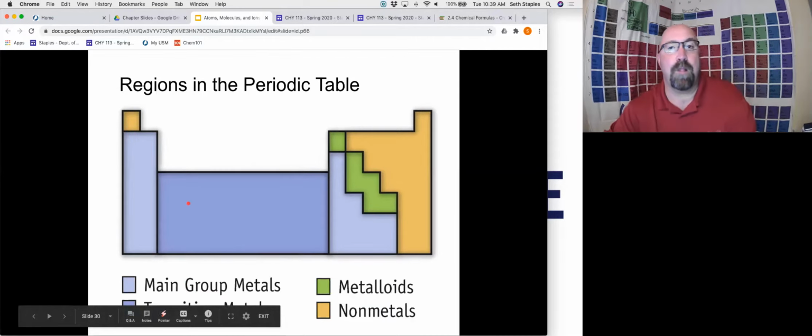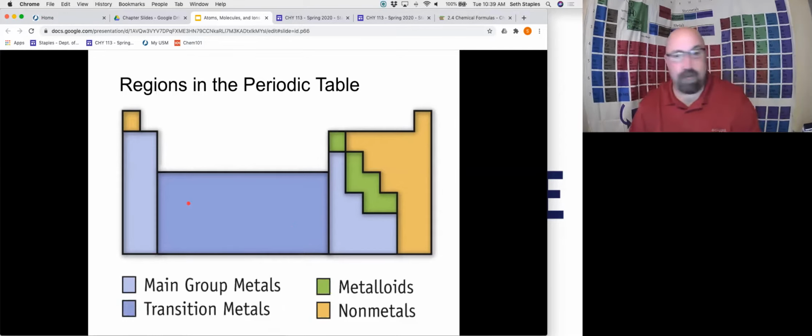Those are all metals. Everything over there is, from a chemical perspective, we call it a metal. And then we have this little transition zone here that we call metalloids, which have properties sort of in between metals. And over here in the periodic table, on the right-hand side in yellow, those are all of our nonmetals.